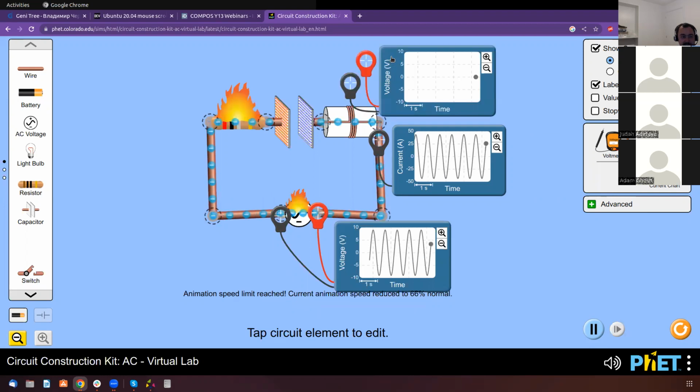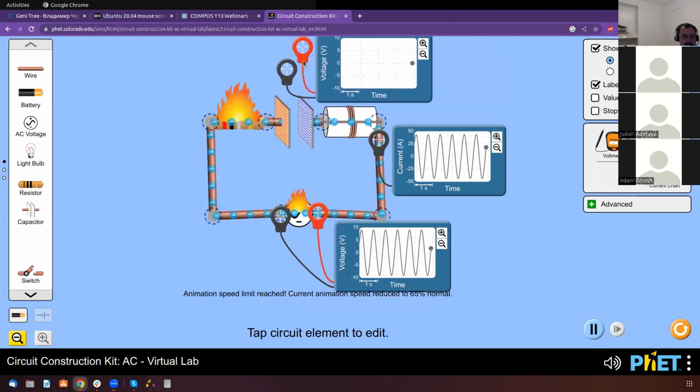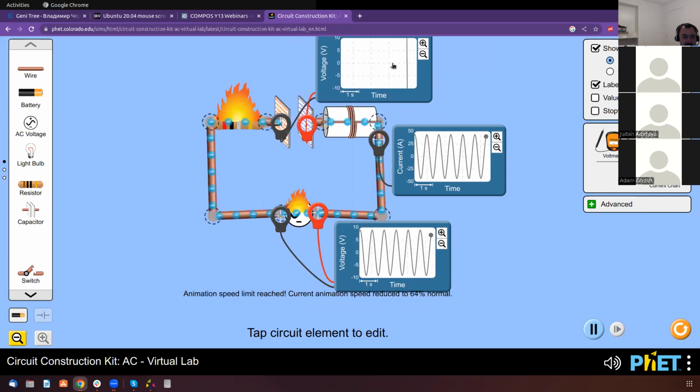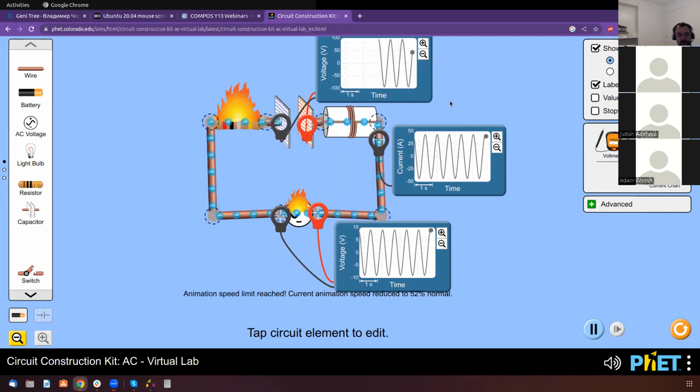And let's measure the voltage on the capacitor, for example. It's 100 volts. So you can see how tiny voltage on the oscillator can produce a huge voltage on the capacitor.